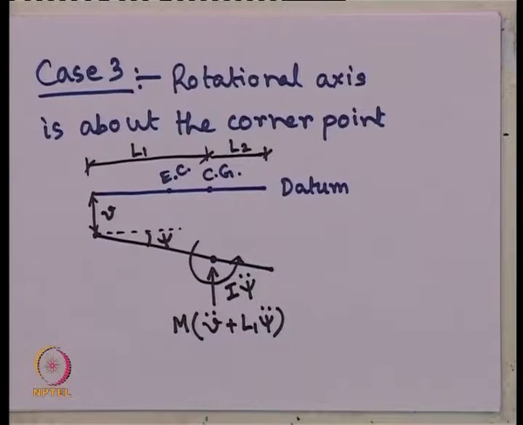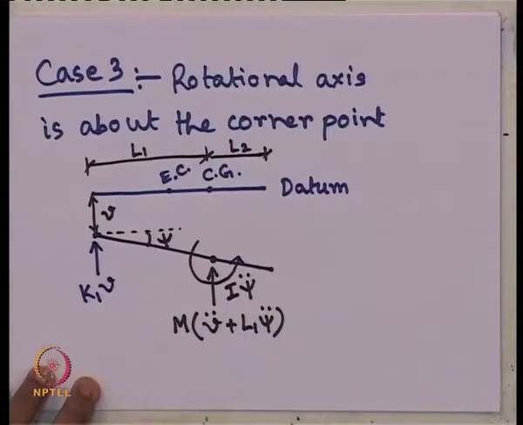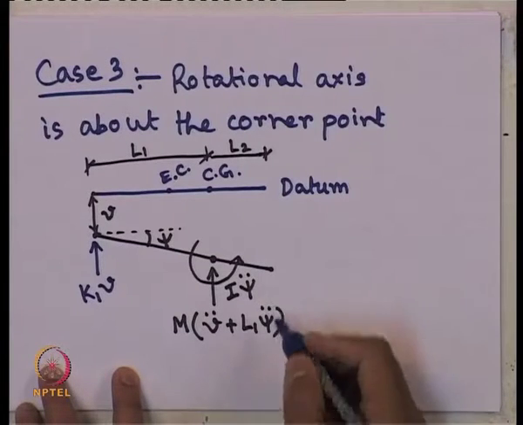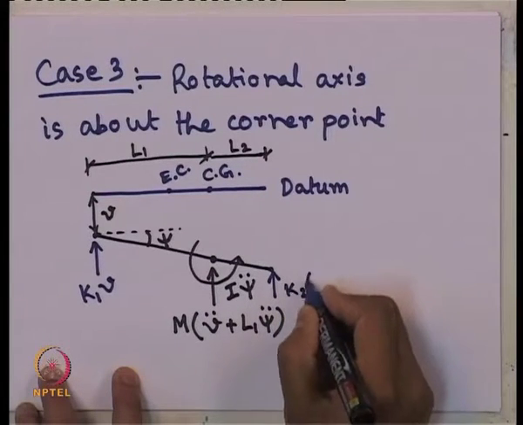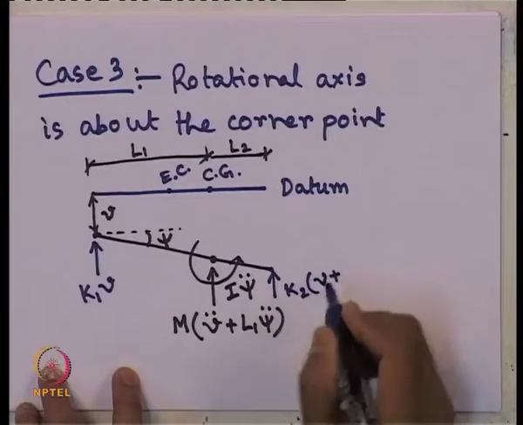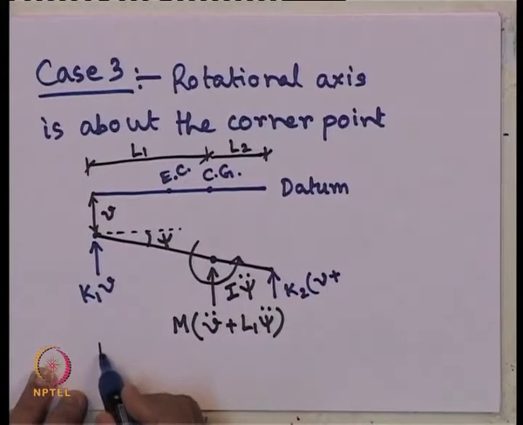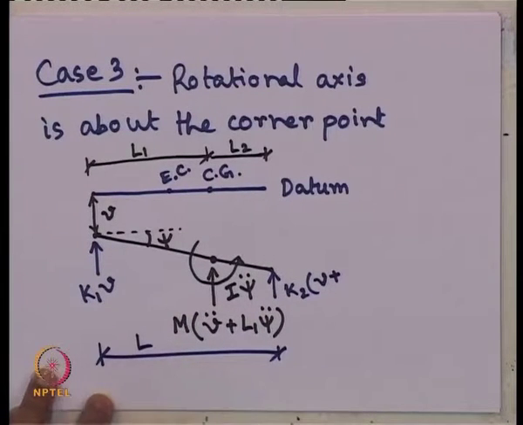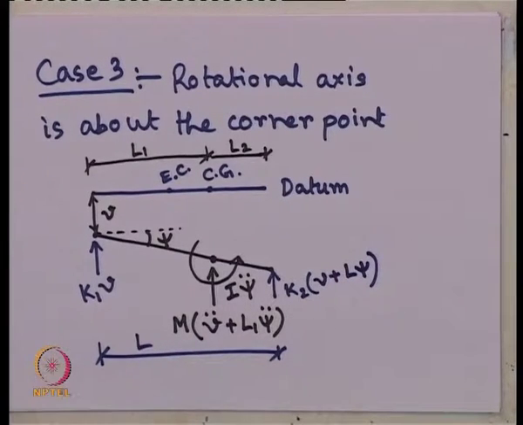And what are the spring forces? The spring force at this corner where K1 is connected is simply K1 times small v, because v is the vertical displacement of the spring. However, at this end the spring force should be K2 times v plus L1 plus L2 times psi. And how much is L1 plus L2? We had considered earlier that the total length of the beam is capital L. So, L psi. This completes the free body diagram of the beam.